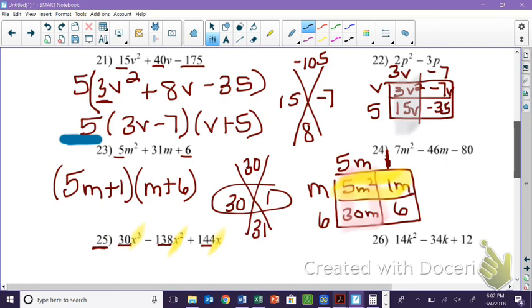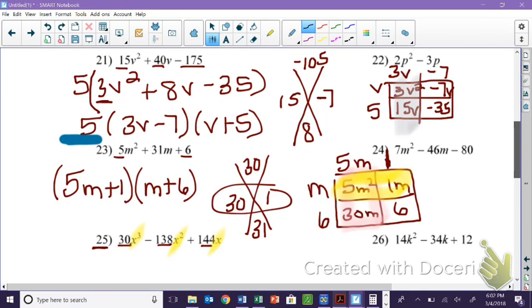So you have to be mindful of that. Since I am doing this with you guys, I'm going to say I see 30, I see 138, I see 144. Really the only thing I can think of is a 6. Why do I say 6? Because I know 144 is 12 times 12, so that is going to have a 6 in it. And 30 has a 6 in it. I don't know about 138, so I'm just going to try it.